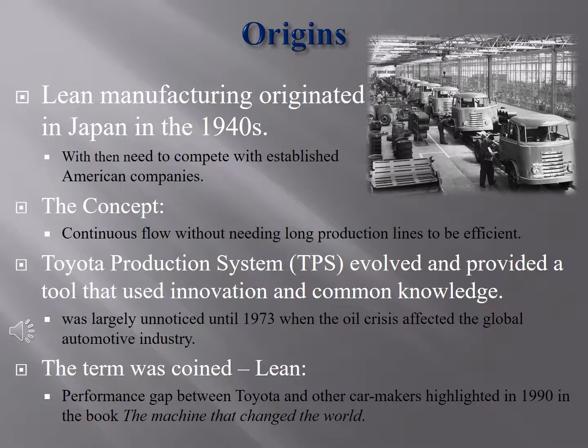James Womack, an MIT instructor, authored the book based on a 5-year study of the automotive industry and where the automotive industry was heading. He highlights how Toyota took a look at the model set by Henry Ford and refined it to the lean process it was at the time.